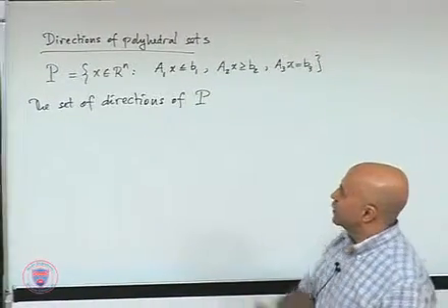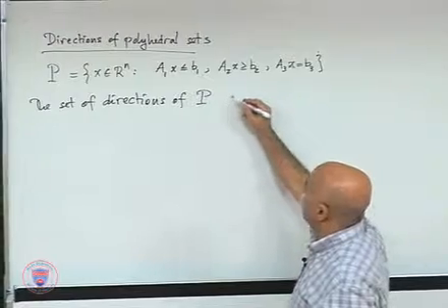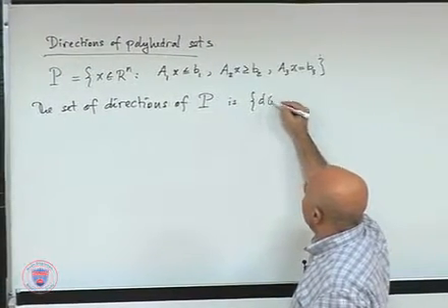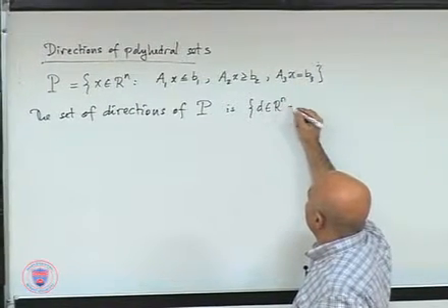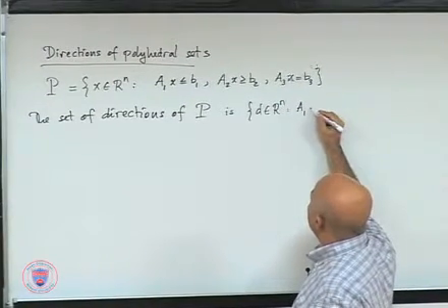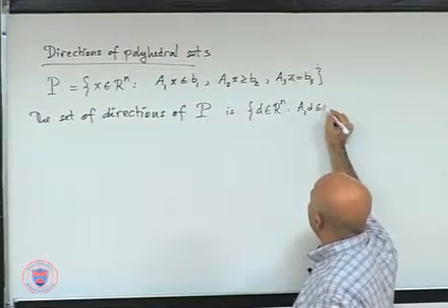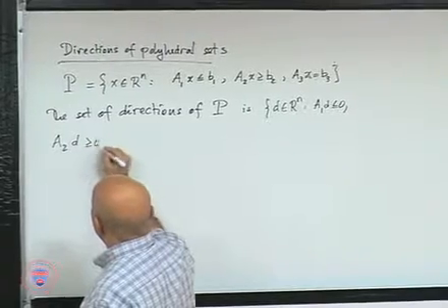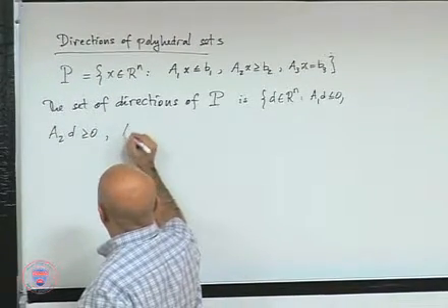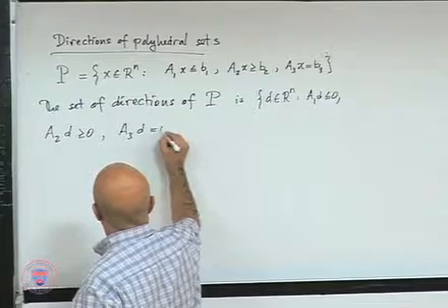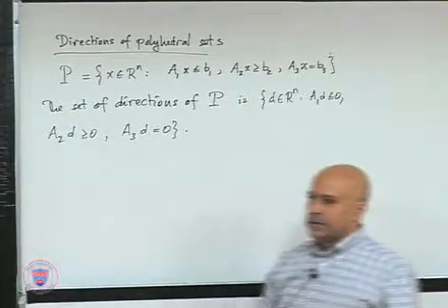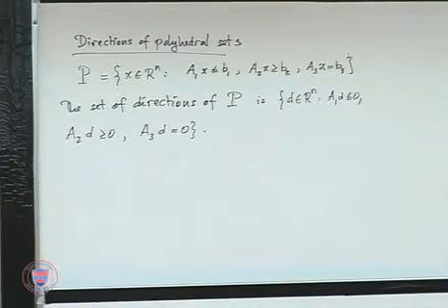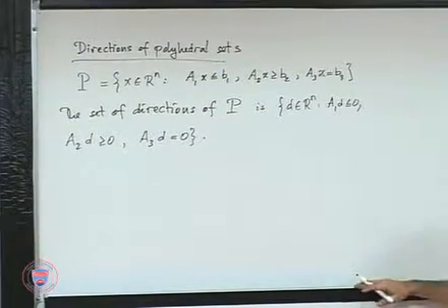So the set of directions of P is the set consisting of d such that A1 d is less than or equal to 0, A2 d is greater than or equal to 0, and A3 d is equal to 0. Why is that true? It's really easy to find.